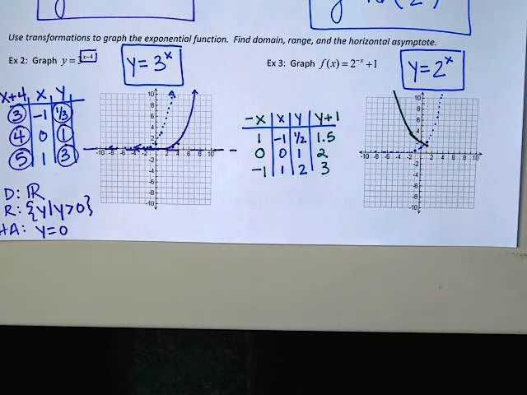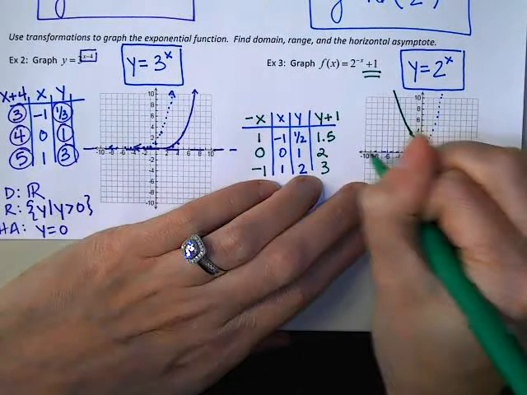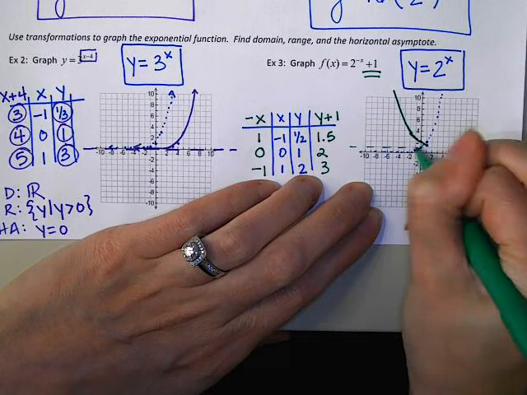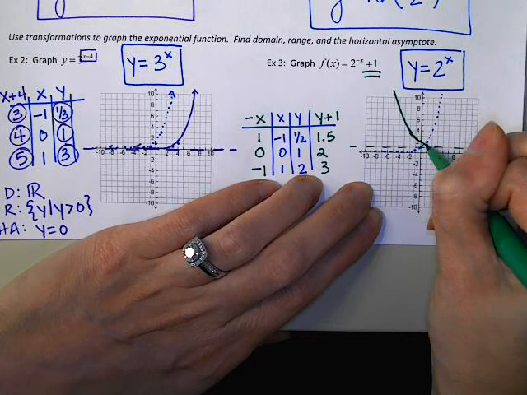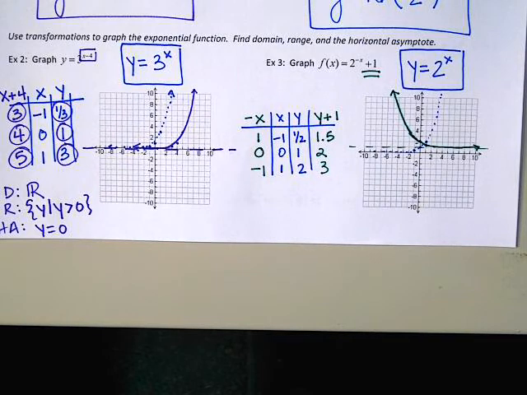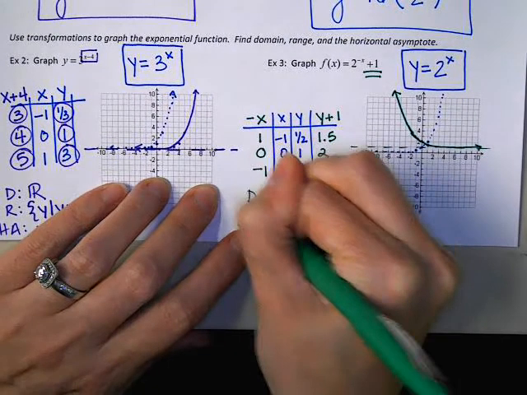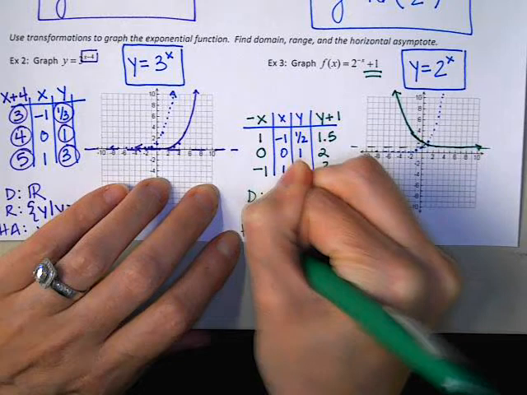Now, before I keep going, let's be careful. Because we shifted up 1, the asymptote actually moved up 1 also. So this one's going to level off at 1, not 0. Okay, we need domain, we need range, we need horizontal asymptote.